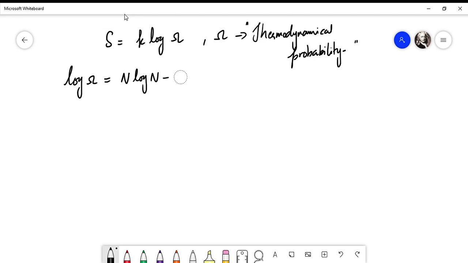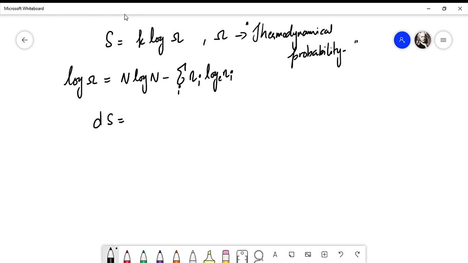Oops, I'll just write down the formula directly. Simplifying everything, this can be written as n log n minus the summation of ni log ni. You could have written just ln ni, but I chose to write log e. Now what if I take dS?